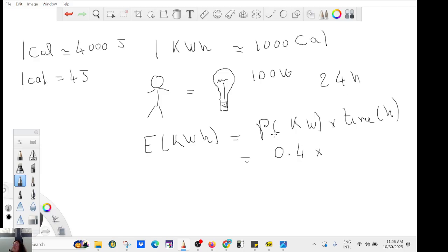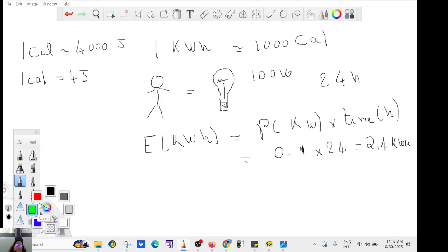How many hours in one day? 24. So 0.1 times 24 is 2.4 kilowatt hour. That will be the amount of energy that we are losing in one day. Yes? Why is it 0.4? I don't know, I was seeing if you are paying attention. So 0.1, is that correct?